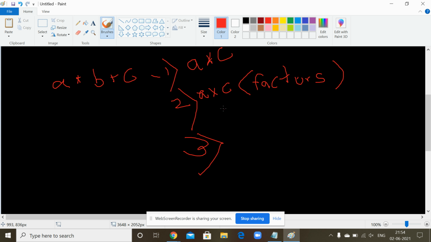So, like if A multiplied by C is 6, meaning 3 multiplied by 2 is 6. What are the factors of 6? 1 and 6. Suppose the middle term is minus 5. So 1 minus 6 will become minus 5.